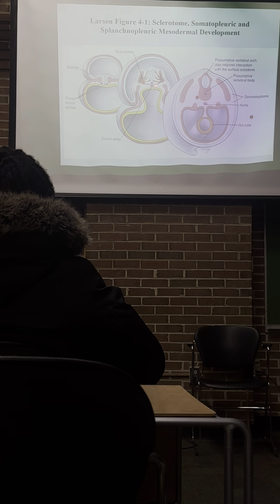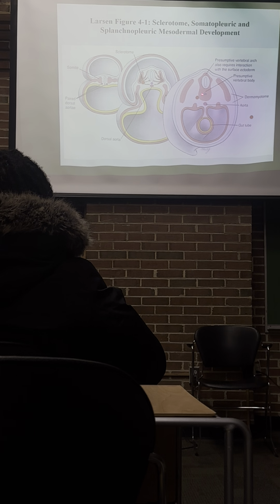And you can see they also invest the notochord. So here is a presumptive vertebral body, neural tube, the body, and you get the lamina. Okay, you have all the structures in a precartilaginous form of a vertebra.